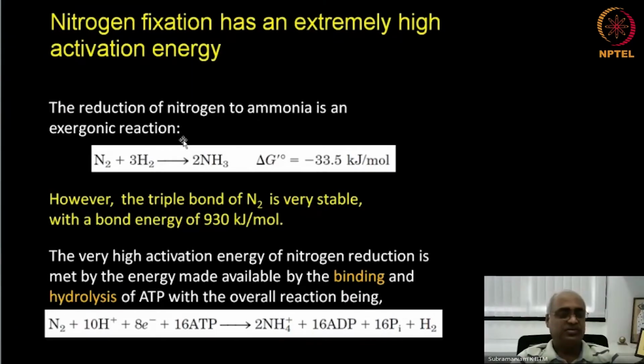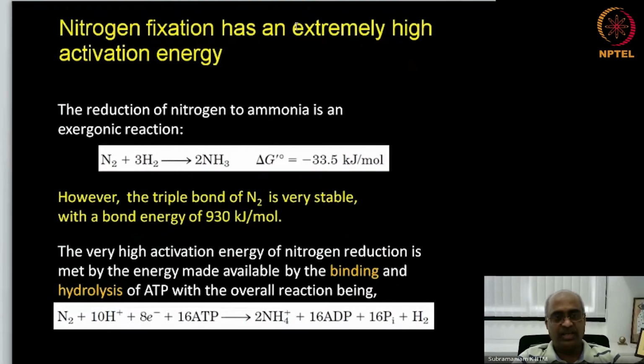So what do they do? What does the bacteria do? It has an enzyme that can do this reaction, summarized here. Okay, nitrogen reduced to ammonia. So as you can see here, this is actually with a large negative delta G. However, this does not spontaneously happen due to extremely high activation energy.